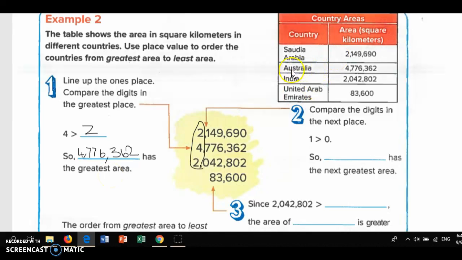Now, if we have a look there, it is Australia that has the greatest area. Can you see that?